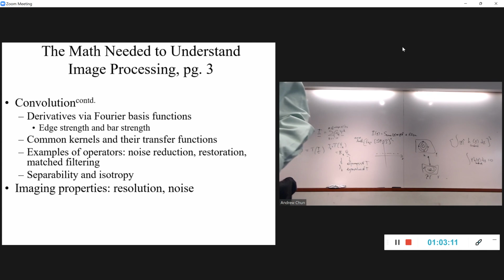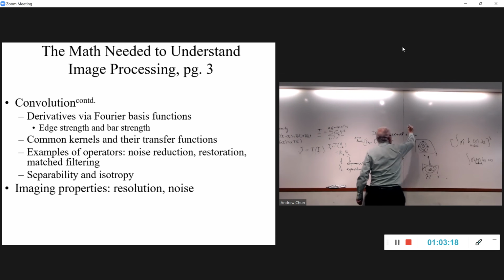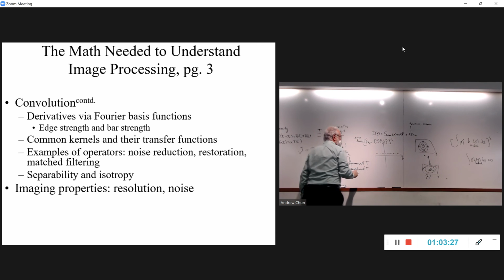And that sameness is why it's called white. The uncorrelated noise, 0 mean, uncorrelated across space, yields this property.